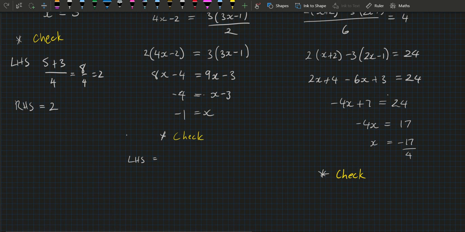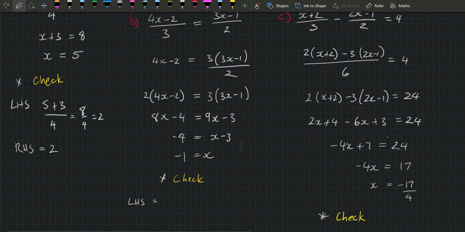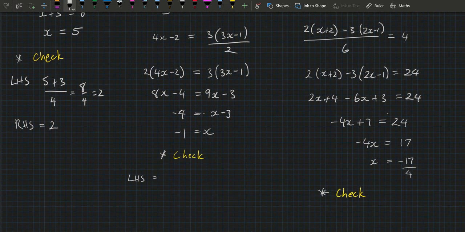What a duffer. Okay, left hand side is 4x minus 2 on 3. So 4 times minus 1 minus 2 divided by 3. And we did that earlier, so I know that that's minus 4 minus 2 is minus 6 on 3 equals minus 2.